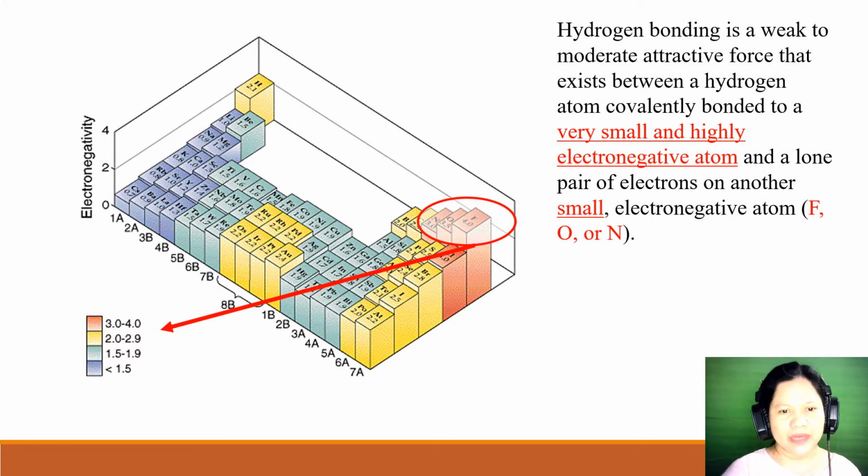So in your periodic table, you can easily observe the electronegativity of the given compounds. I hope you have periodic tables already, because you will be needing that, especially in identifying whether the given compound is polar or non-polar, because it has something to do with the intermolecular forces of attraction among molecules.